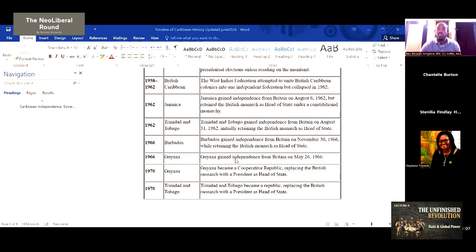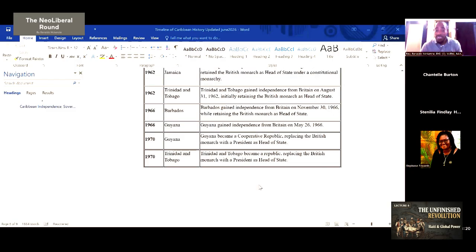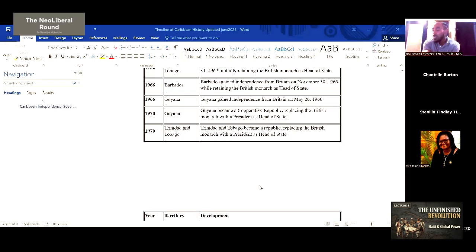So from 1966, when Guyana gained independence, by 1970 they totally got rid of the British monarchy. 1970, Trinidad and Tobago became a republic, replacing the British monarch with a president as head of state. So Trinidad and Tobago also got rid of the monarchy.